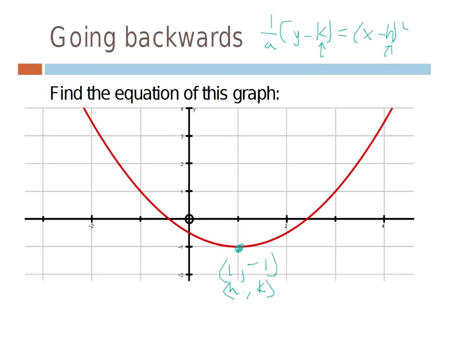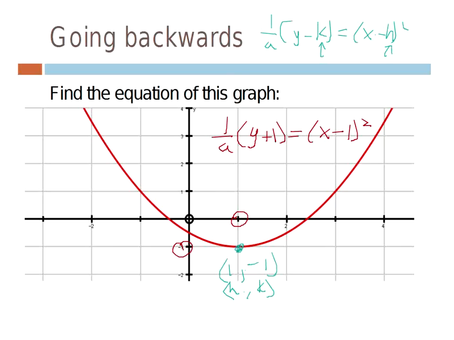And so what I have to do here is simply plug these values in. So I know right away that my equation is going to start with 1 over a, y plus 1, because it was -1, now it's going to be +1, equals x. This was a +1 here, so it's going to be a -1 in the equation.